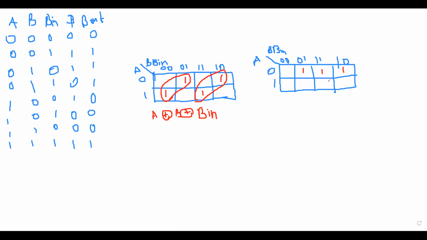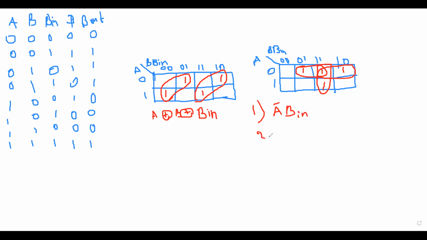And last 1, 1, 1. Here also I have 3 groupings. For the first group, A bar, because A is 0. So I want to put A bar and B in, because B is changed from 0 to 1.